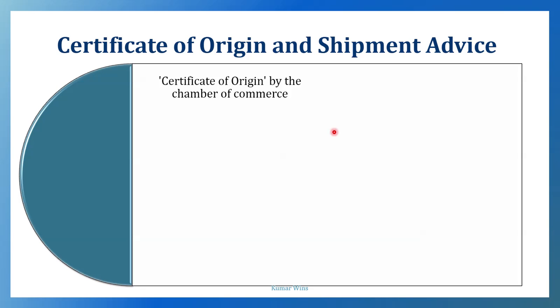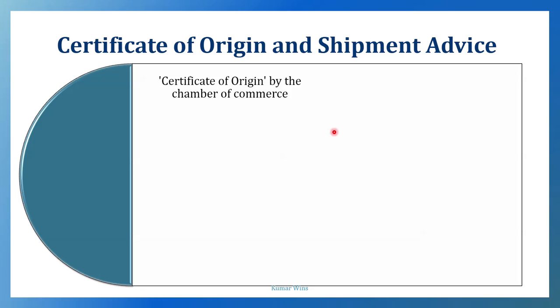Now we will discuss the certificate of origin and the shipment advice. So once these documents are received by the exporter, he makes an application to the Chamber of Commerce. So the CFA arranges to dispatch these documents to the exporter, and after receiving these documents, the exporter makes an application to the Chamber of Commerce and obtains a certificate of origin.